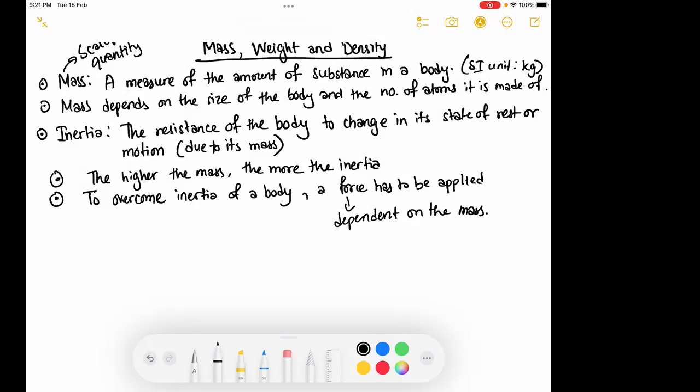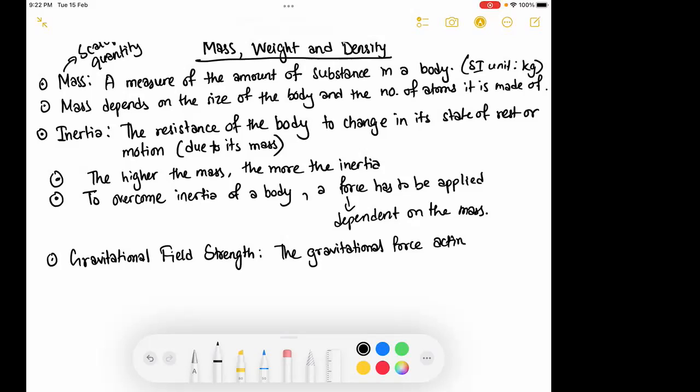Next, gravitational field strength. What is it? It's the gravitational force acting on a body per unit mass.